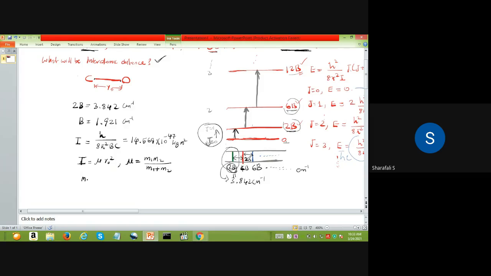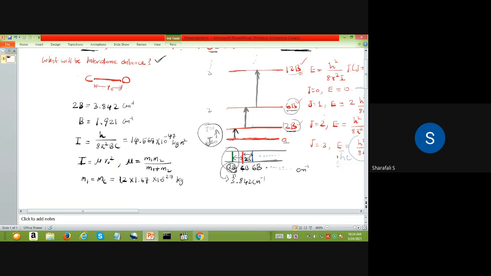Now what is your m1? M1 is the mass of carbon atom, so m1 is equal to mC, that is equal to 12 into 1.67 into 10 raised to minus 27 kilogram. So this is the atomic mass into 1.67 into 10 raised to minus 27.